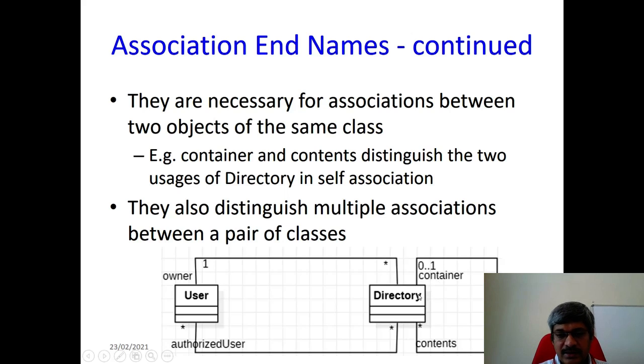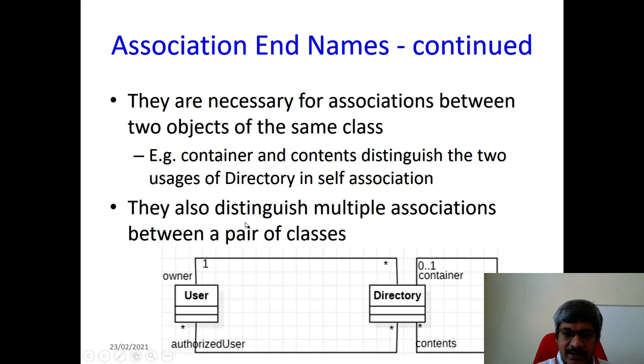One directory can contain several other directories within it. This is how you define your file system, isn't it? So in this case, association end names give you additional information. A directory is a container for a lot of other directories, which are the contents of that particular directory. And see this multiplicity as well: one directory can have multiple directories as contents.